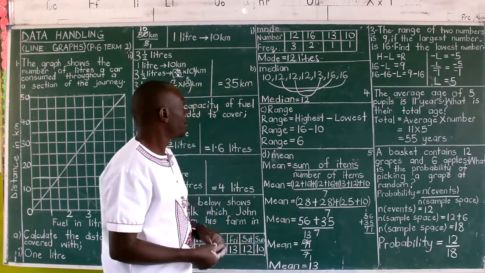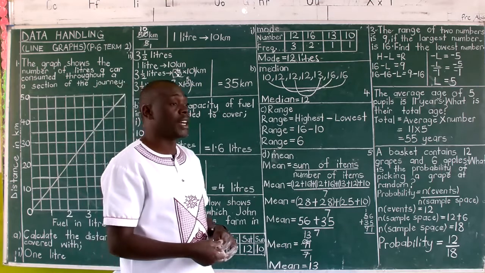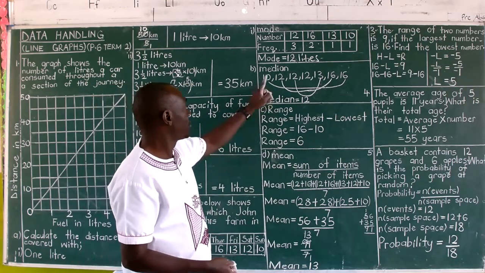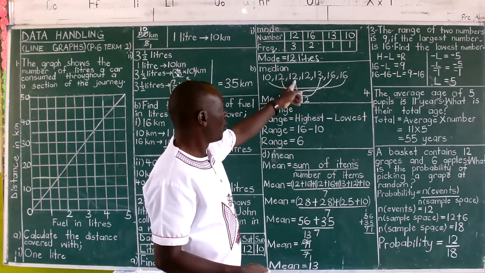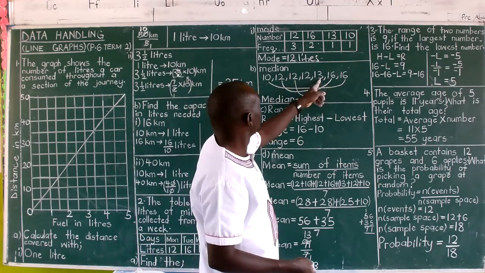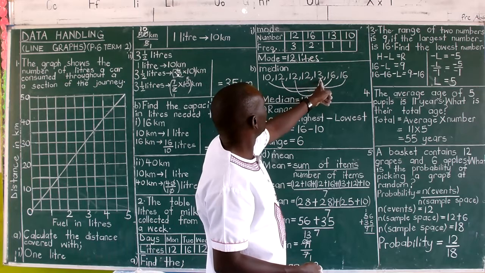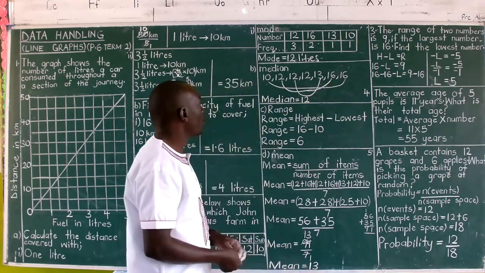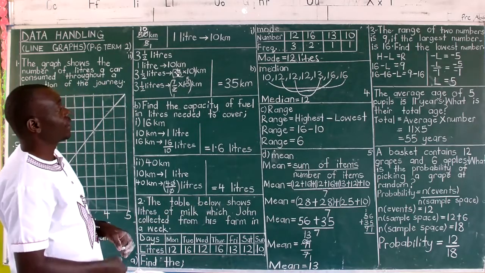Please write them in ascending order, meaning increasing order, starting with the least. So we say 10, 12, 12, 12, 13, then 16, 16. You write all the numbers in ascending order.